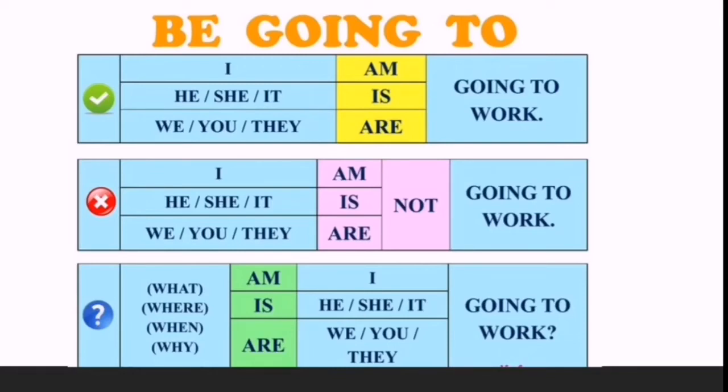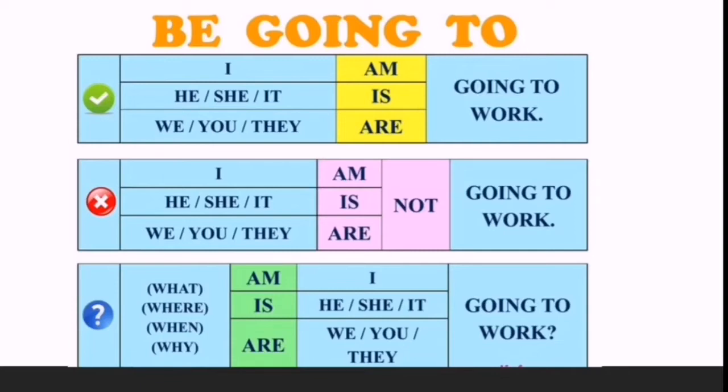Let's go into talk about the structure of be going to. Remember, the be going to we use it with the auxiliary, the verb to be. That's the reason why be going to. So the verb to be is in the present form.